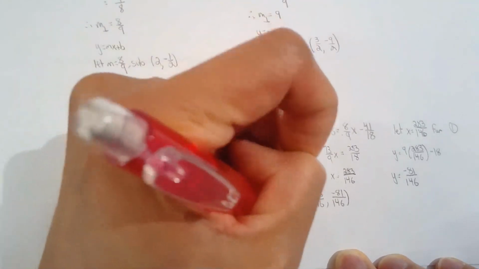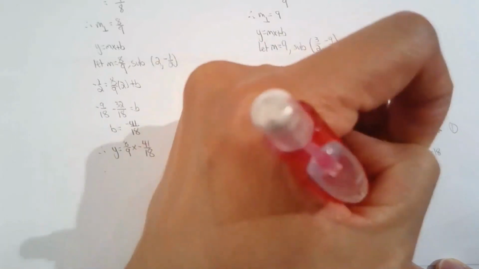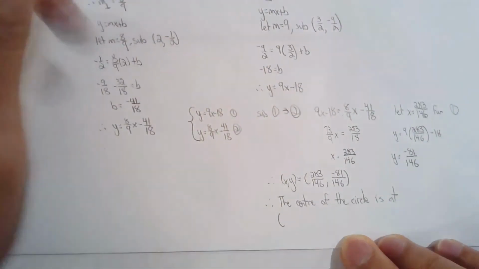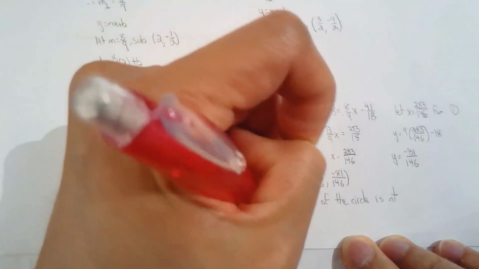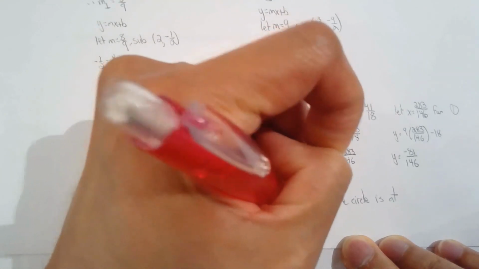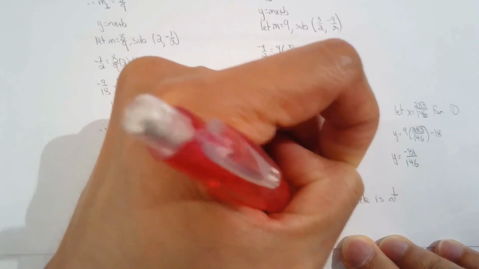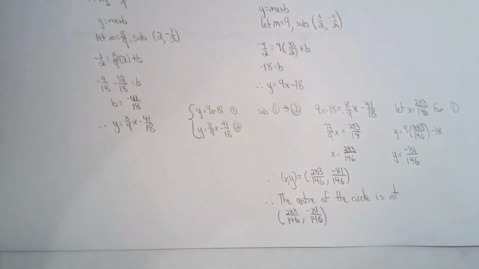Therefore, the center of the circle, well, it's the circumcenter, is at (283/146, -81/146). Okay, that made me very nervous. There were a lot of things that could have gone wrong.